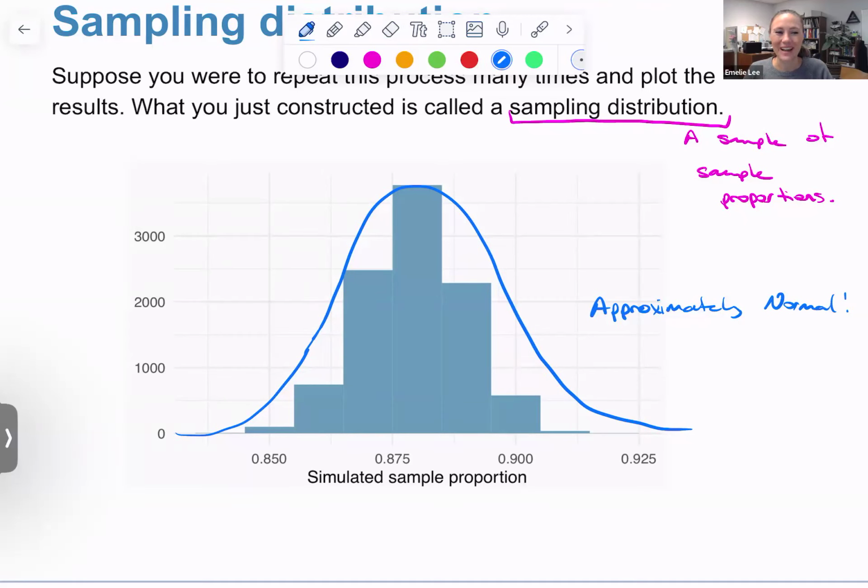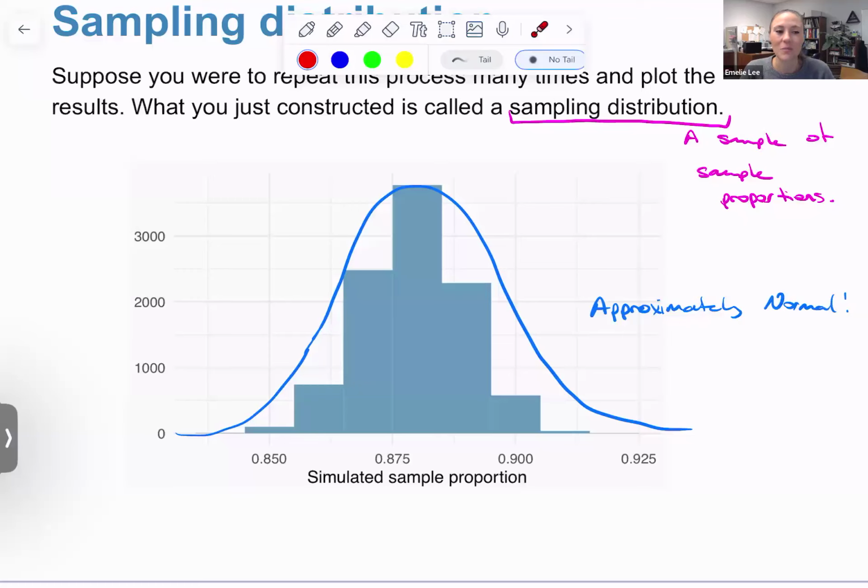Means I can find proportions or probabilities associated with a proportion, right? So if I tell you, just looking at this distribution, maybe just ignore the curve that I drew for a second, that I found a sample that had a sample proportion of 0.88, would you be surprised?